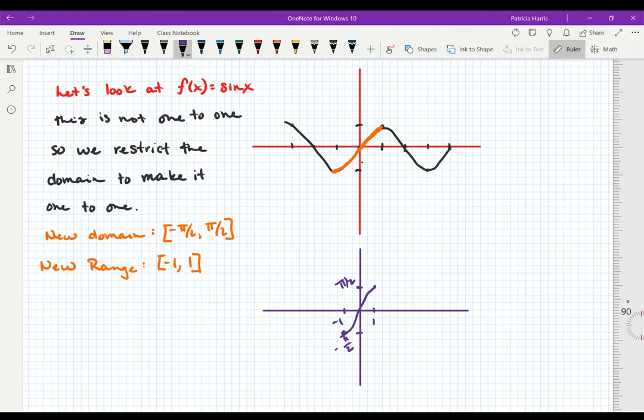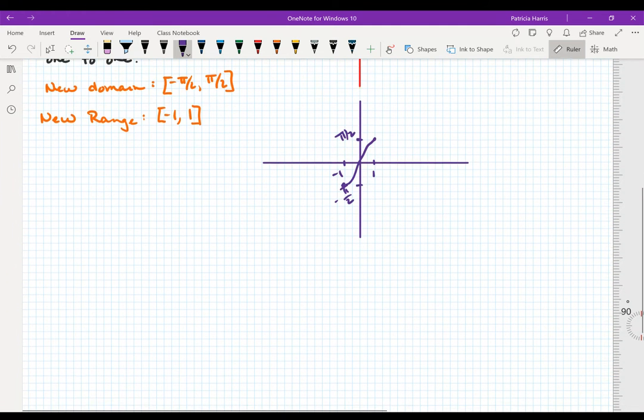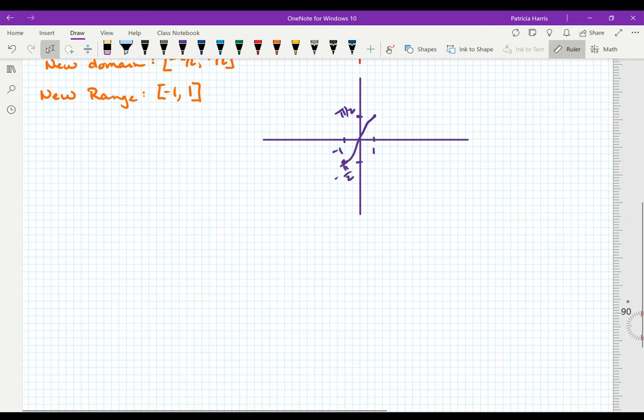All right, so we're going to do the same thing with cosine and tangent, so we'll do those a little bit quicker. Let's write a little reminder here.